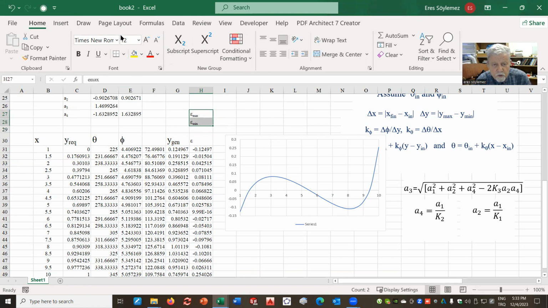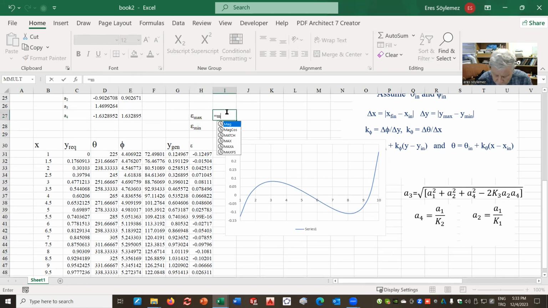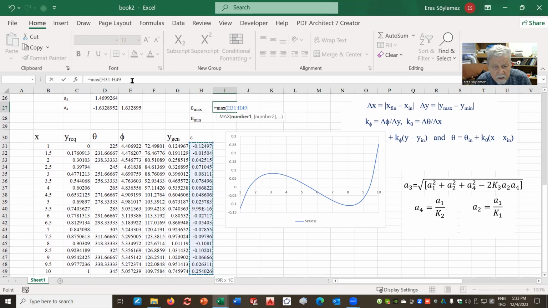If it is too small, is equal to max, open up parentheses, from here to here.